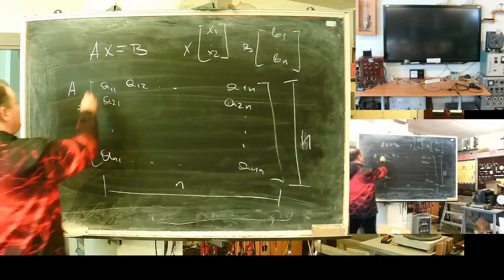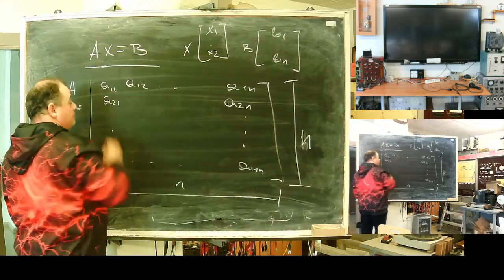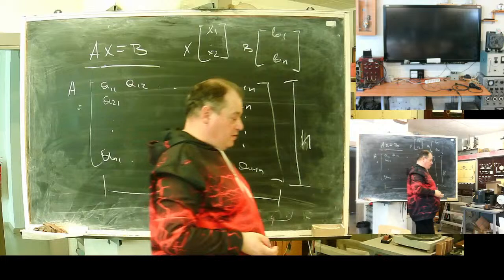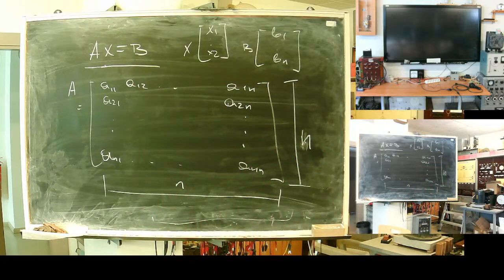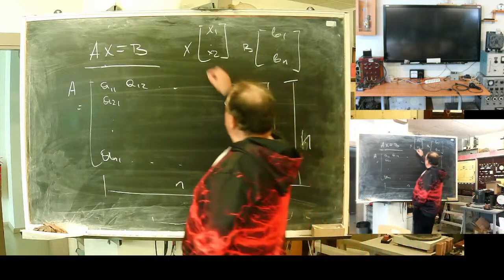System of linear equations. How should I solve it? B is just a raw matrix.